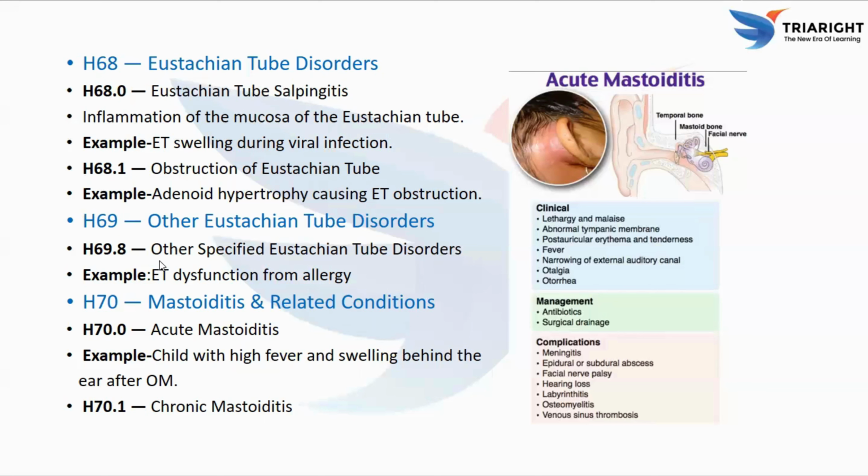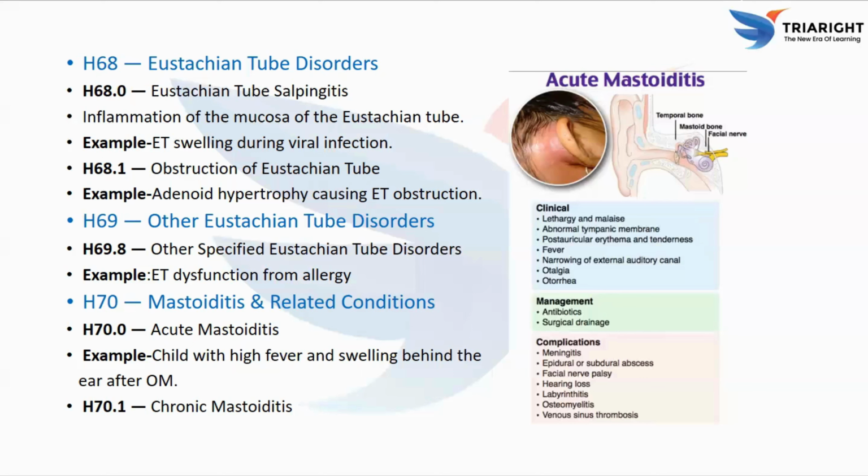So the H69 category code is for other eustachian tube disorders. This category code is used whenever the ET tube disorder does not fit the specific H68 categories. So H69.8 for other specified eustachian tube disorders.